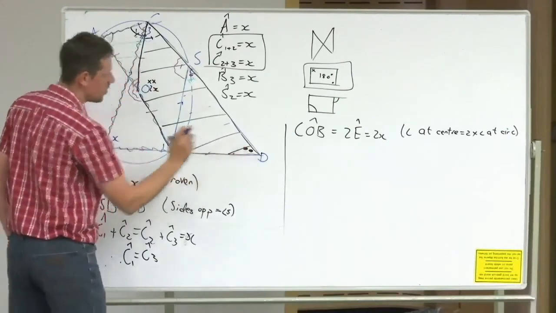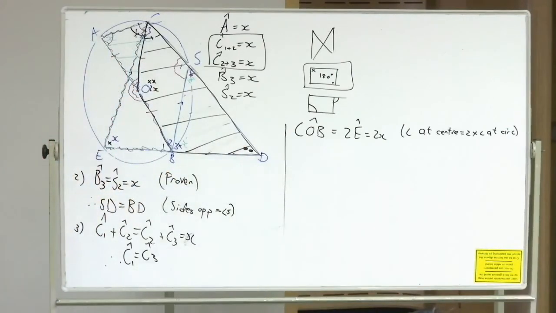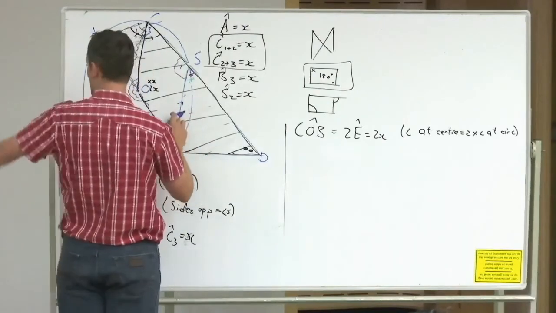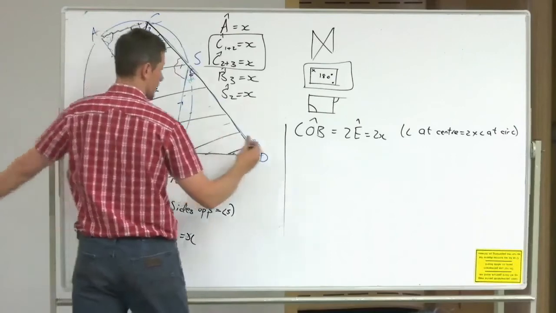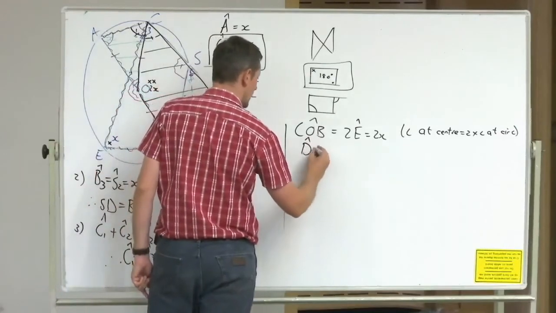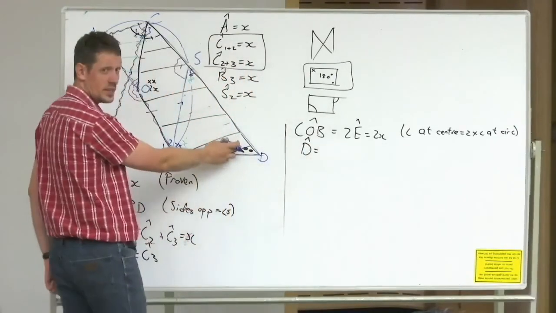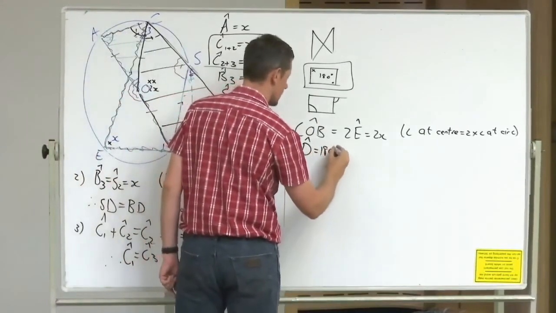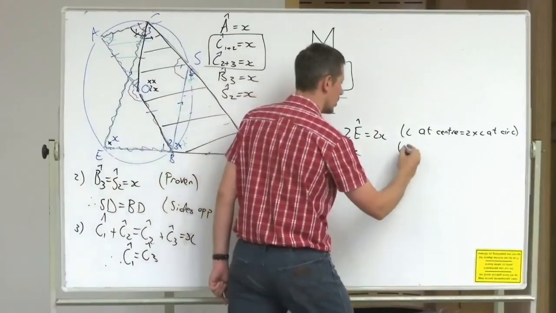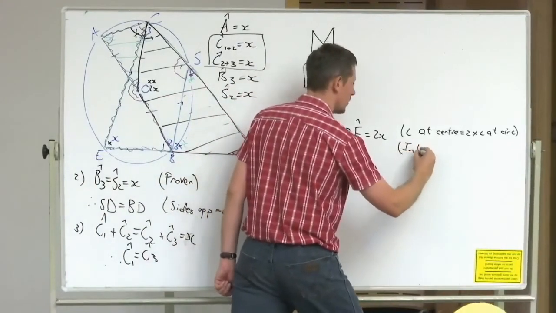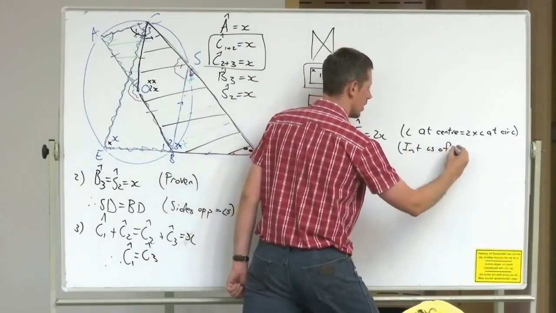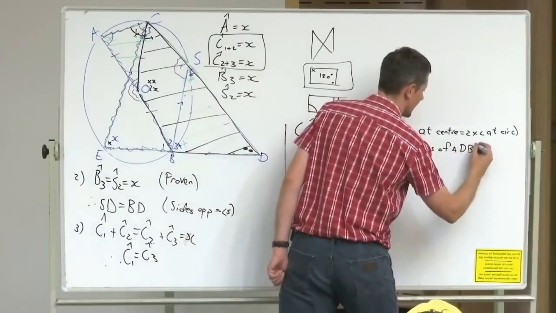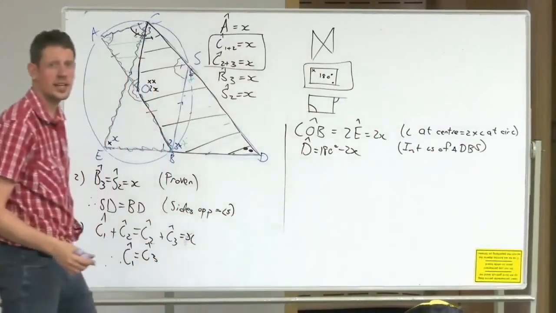What do I know about angle D in terms of x? Look at your triangle that they ask you to prove in B. Angle D is 180 minus 2x. Because it is interior angles of triangle DBS. I like to write that for the examiner so they know what triangle I'm working in.